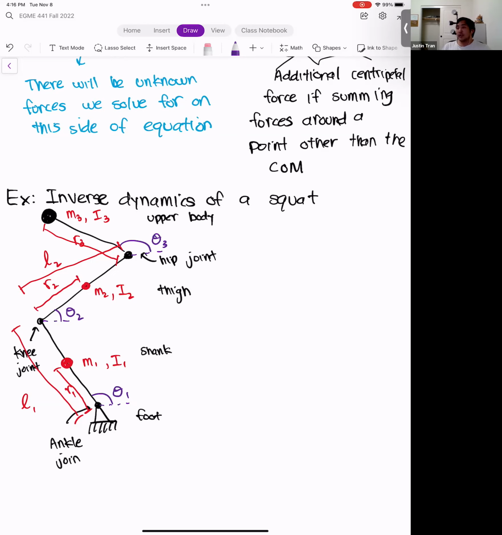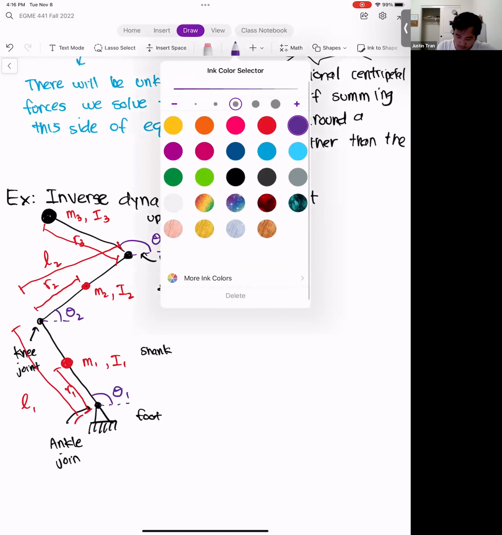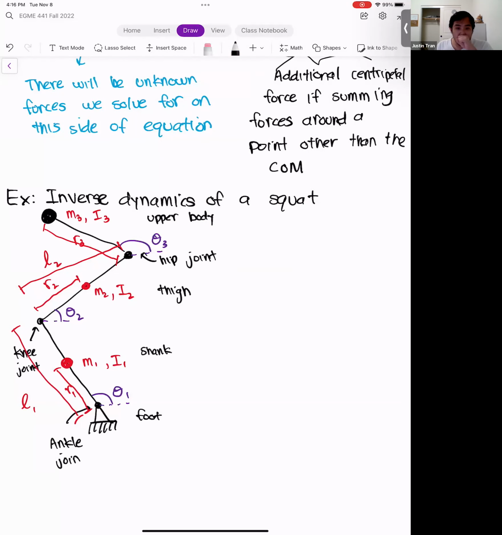In addition to that, we're going to assume we know the kinematics, so we know all the joint angles. Theta 1, theta 2, and theta 3 are all the joint angles for our lower body segments here.